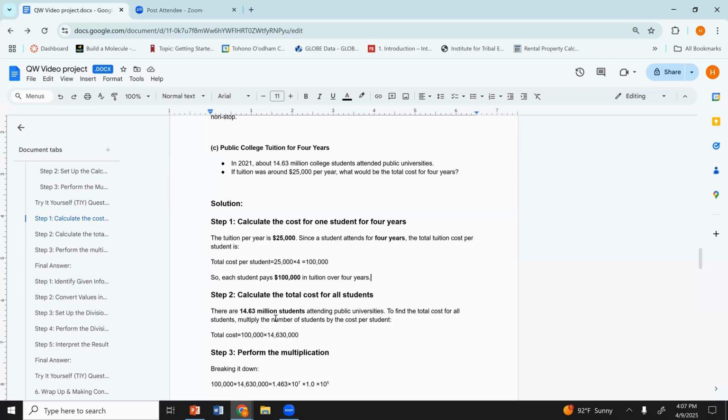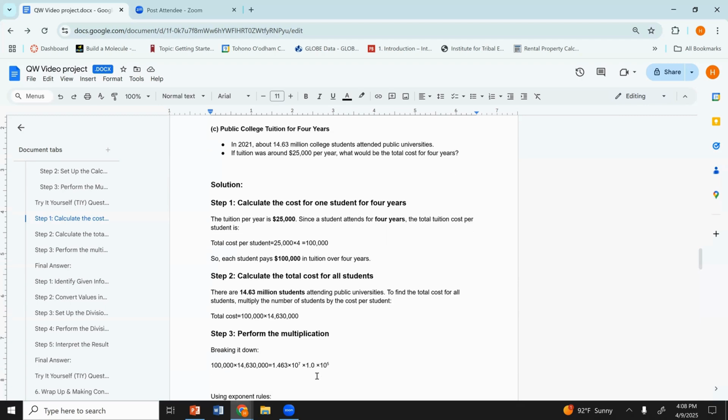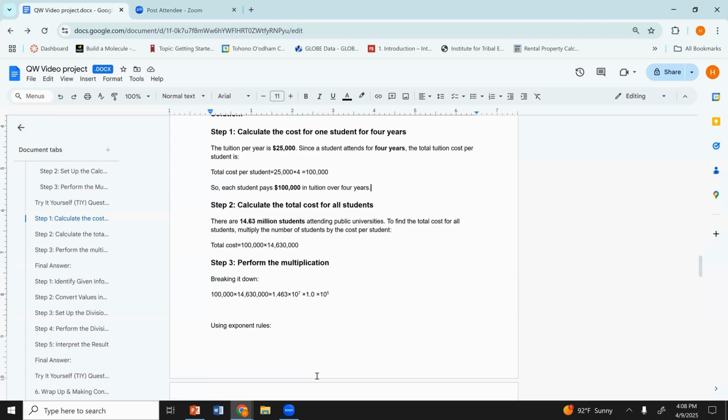It's again important to make sure that for the 14.63 million, we write out all the numbers, okay? So if we multiply 100,000 by 14,630,000, that's going to give us some big number, but we can also do some quick calculation here.